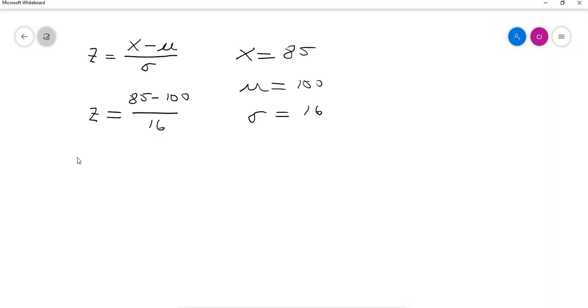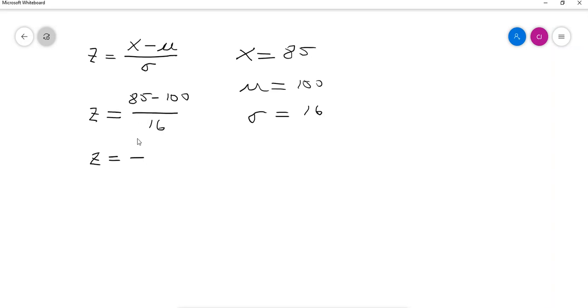And again, if you have your calculator, you get z equal to negative.